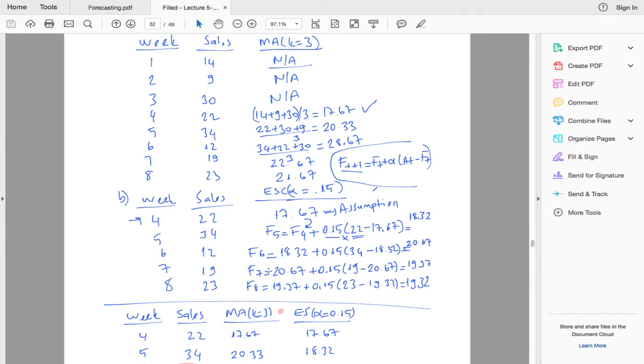Well, guess what? If you don't assume that you have more data for week 7 and week 8, this is also the forecast. 22.67 is also the forecast that you have to have for week 12. That's not the case because you have the data availability, but the question says at the end of week 6, what was your forecast you made for week 12? The answer is 22.67 by using moving averages, and by using exponential smoothing, the answer is 19.37 right there.